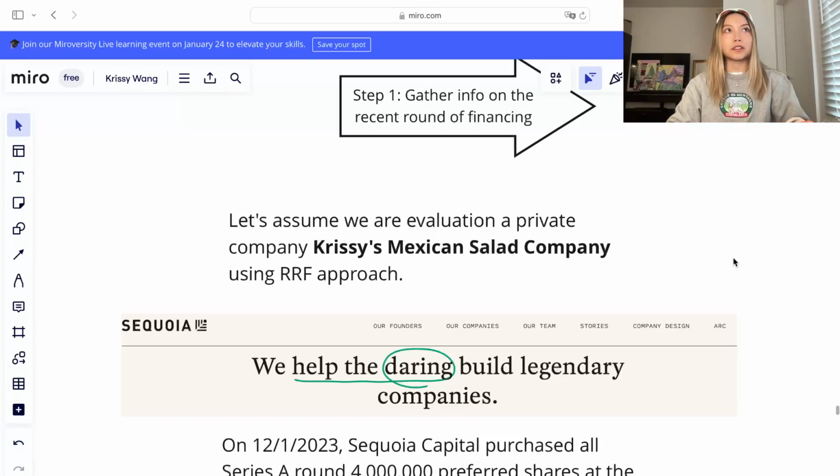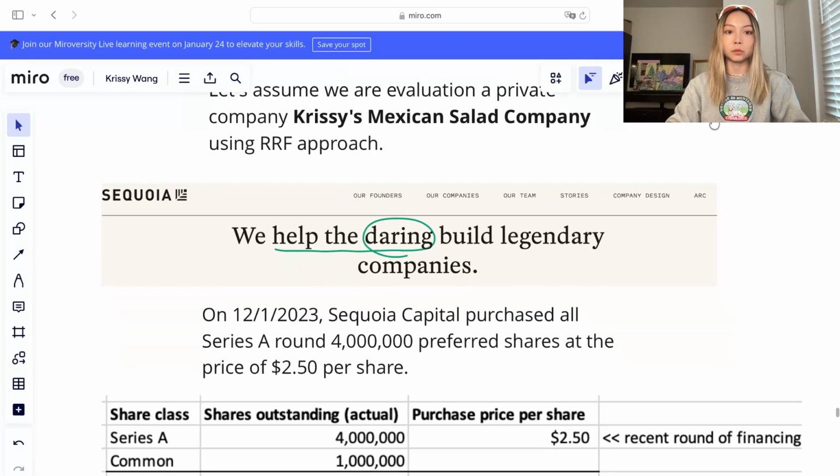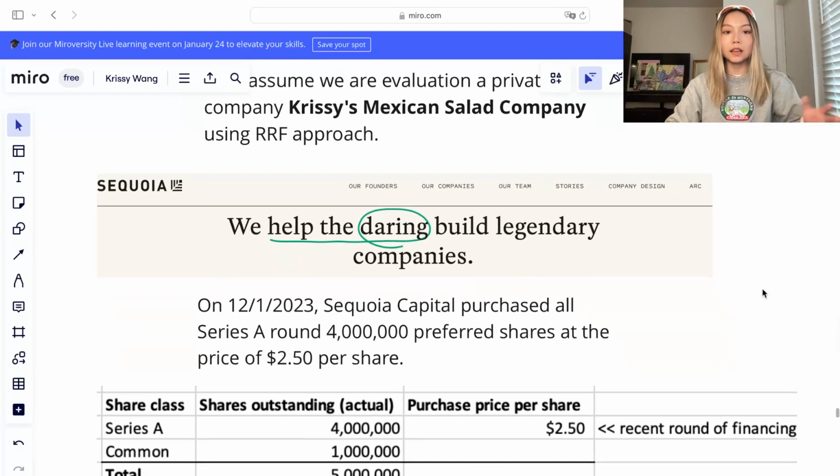There's a couple others, but if you just look them up, Sequoia backed startups, they invested in a ton of companies that changed the world. Let's say December 31st, 2023, Sequoia Capital purchased all of my Series A round, 4 million shares in preferred stock, at the price of $2.50 per share.